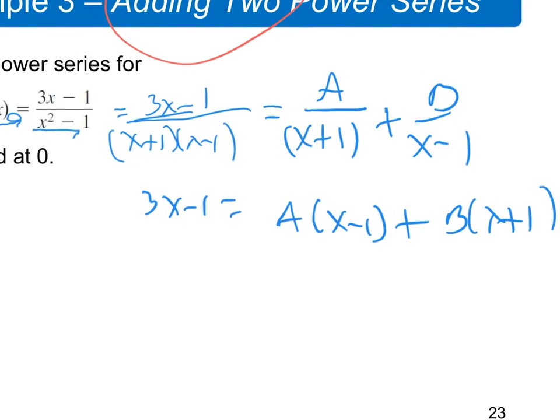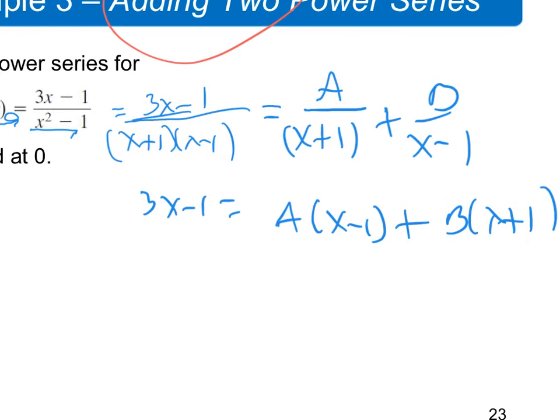We substitute some values of x that help us solve for a and b. So if x is equal to 1, I know this will all go to 0. So plug it in. 3 times 1 minus 1 will have to be equal to b times 1 plus 1.